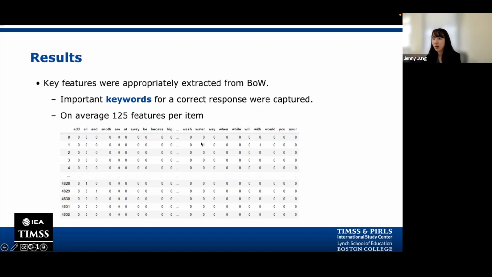And we have values of 0 and 1. 0 indicates that the keyword does not show up in the student response, and the value 1 indicates that the corresponding key feature shows up in the student response. So for example, for the second student response, we can tell that water and with appear one time. So it is very intuitive and easy to understand how the key features were extracted and how they work.